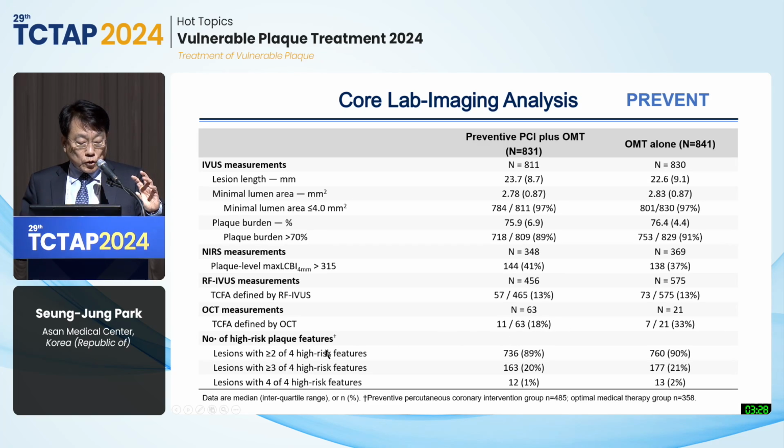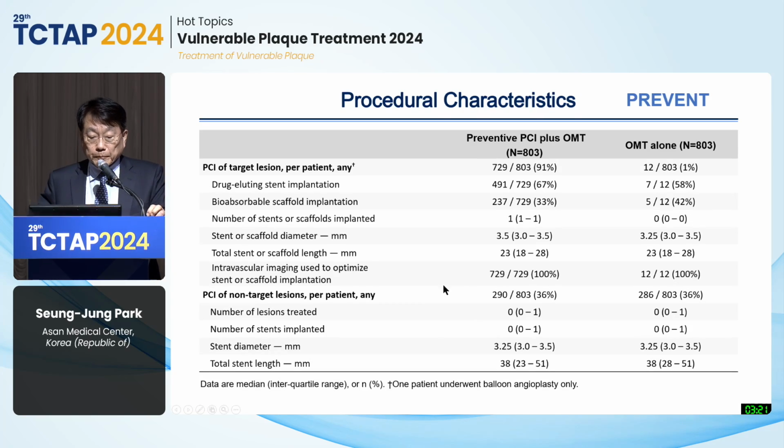High-risk plaque features, two or more combined, 89% here. Treated with Xience stent in 67%, BVS in 33%, median number of stents 1.